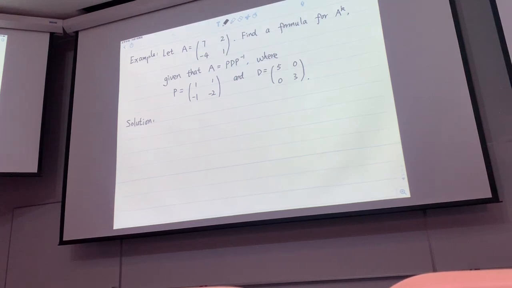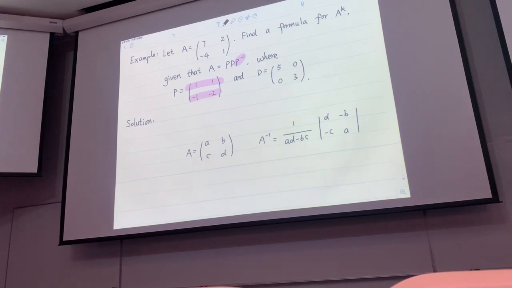Because we need to find P inverse, we need to do the calculation. This is a 2 by 2 matrix. Do you still remember, for a matrix A, B, C, D, the formula for the inverse? It is 1 over AD minus BC, times the matrix with A and D swapped, and negative B, negative C. Do you remember this formula?